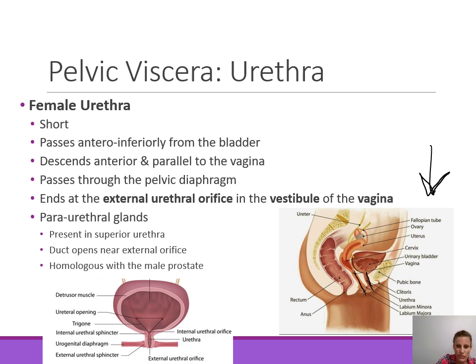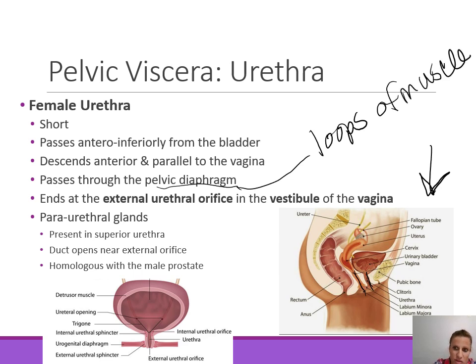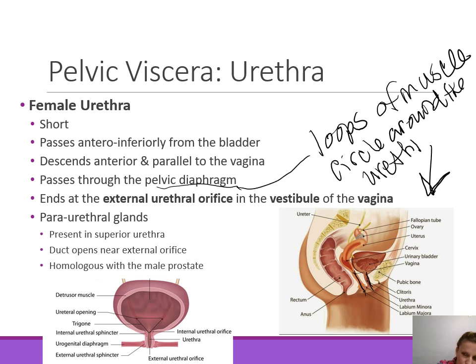The urethra passes through the pelvic diaphragm, and we see that there are loops of muscle from the pelvic diaphragm circle around the urethra, forming the external urethral sphincter.